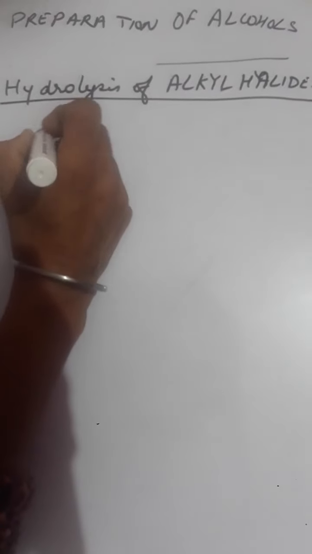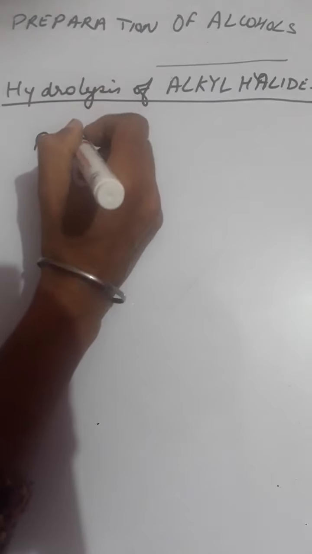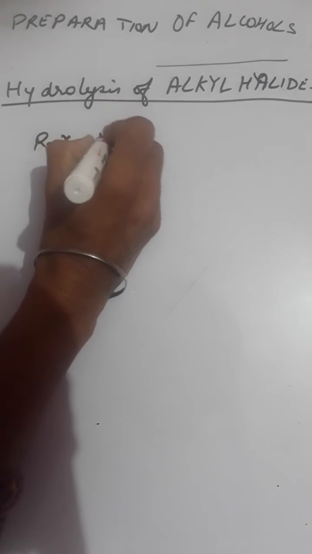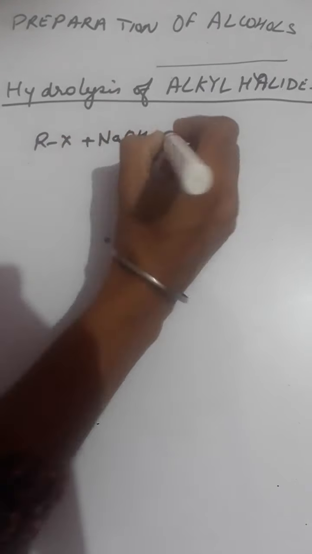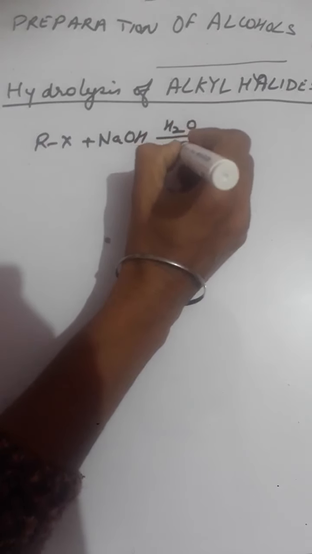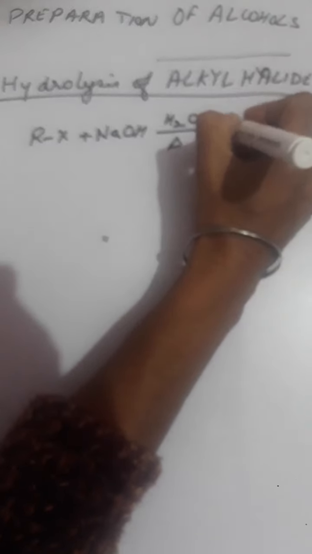When alkyl halides are treated with aqueous sodium hydroxide, they form the alcohols.